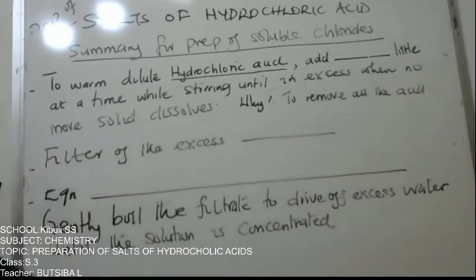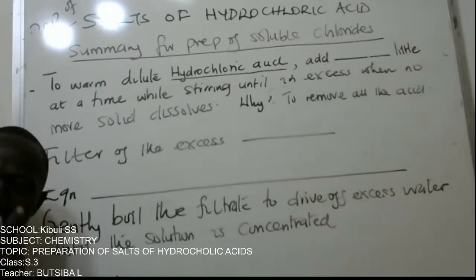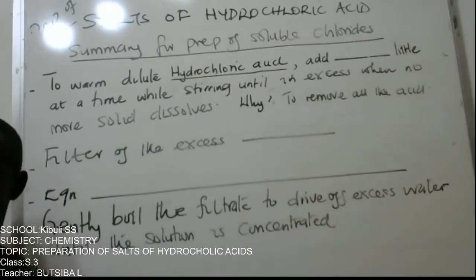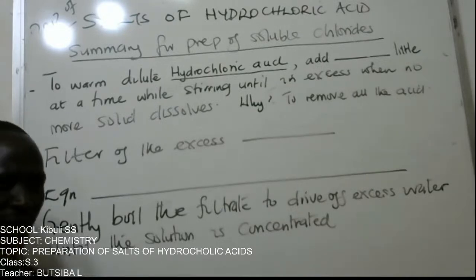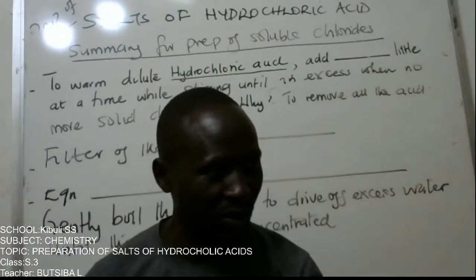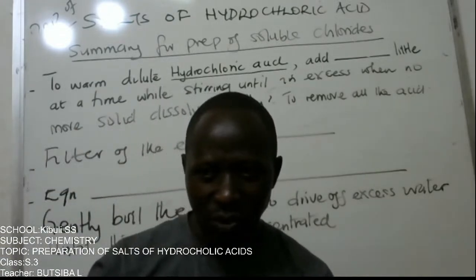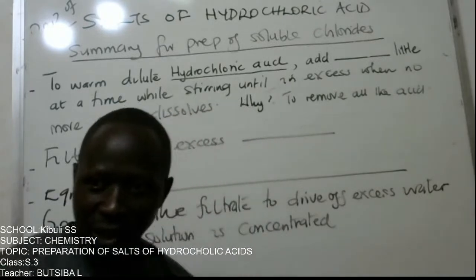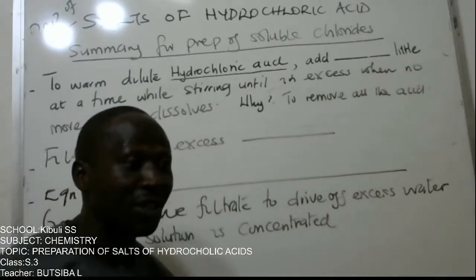So you drive off excess water until your solution becomes too salty. That's when you know it is concentrated. If it's sauce, you can't eat it because it's too salty. It is now concentrated. And in most cases, what do you see when the solution is concentrated? You see particles begin to form on the sides of the container. You know the solution is concentrated.